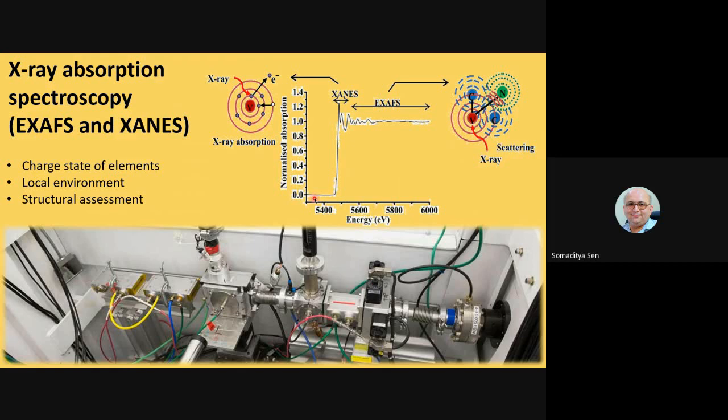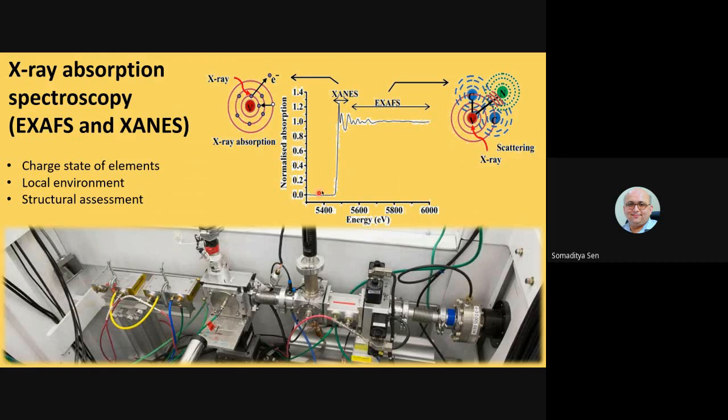You are shining the X-rays on the sample. As long as the energy is not sufficient to be absorbed, it will have zero absorption. So everything will be transmitted through, or reflected.